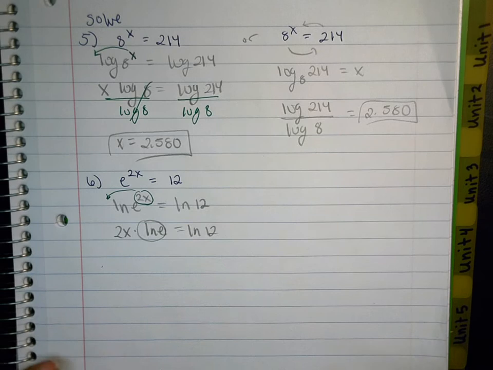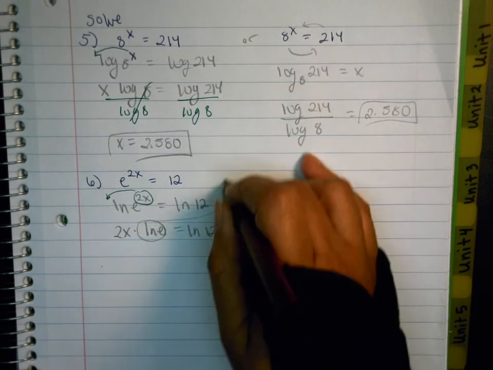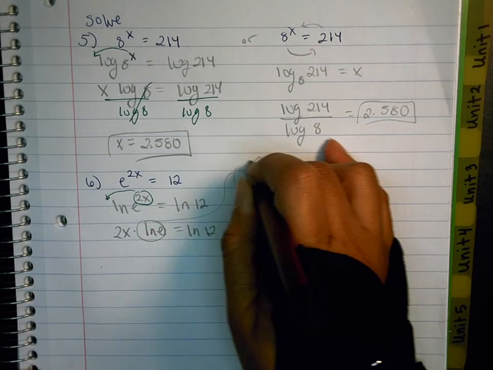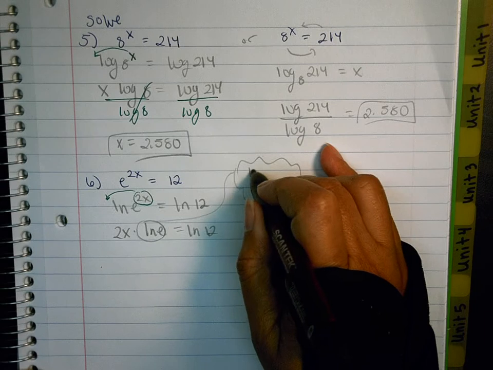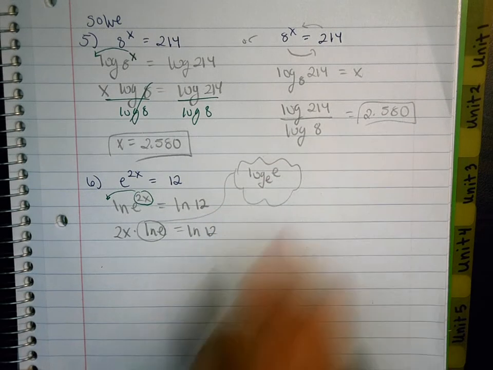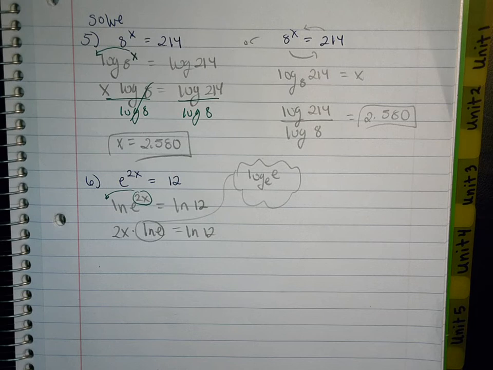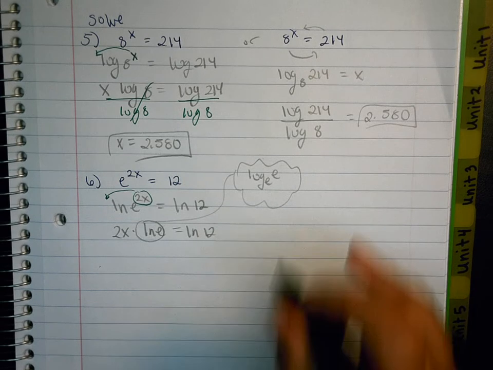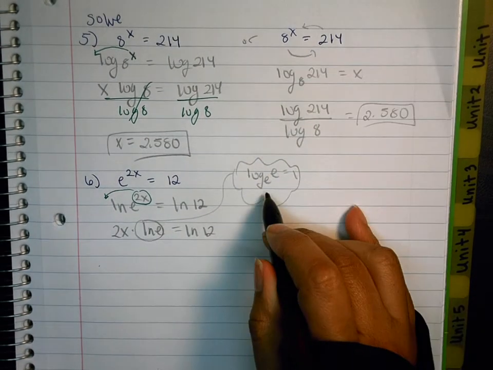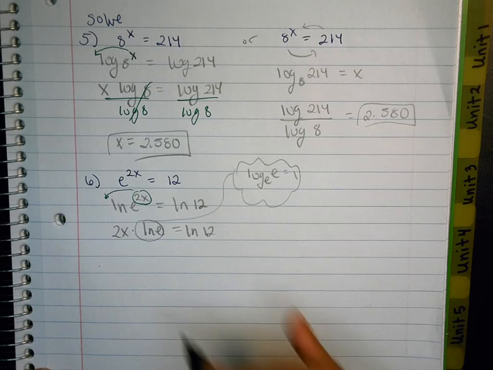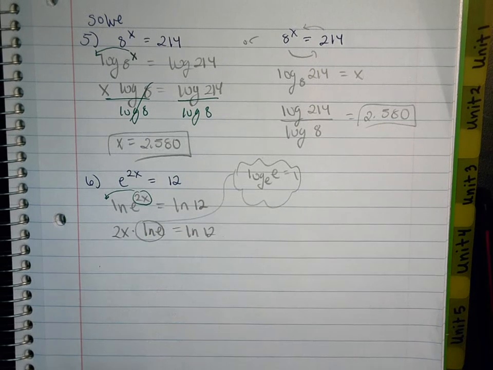Ln of e, I'll put a little thinking bubble here. Ln of e is log base e of e. E raised to what power is e? Do you see that? That means log base e of e, and that answer is 1 because e to the first power is e. So this piece right here is a 1 in disguise.